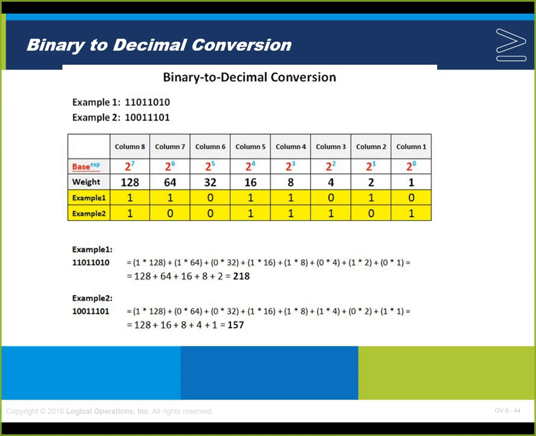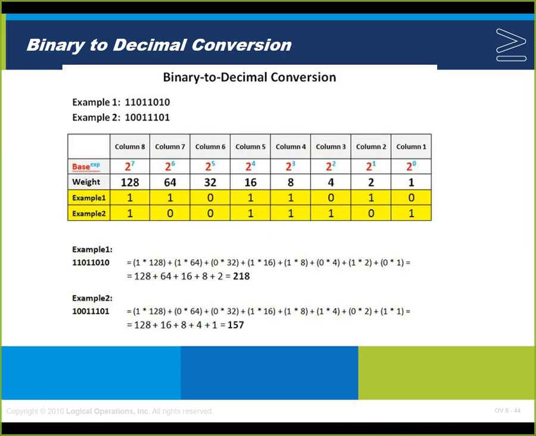We start out with 2 to the 0. Any number to the 0 power is 1. Any number to the first power, 2 to the 1, is the number itself. Or we can say the first one's 1, and then multiply it by 2 since it's binary.